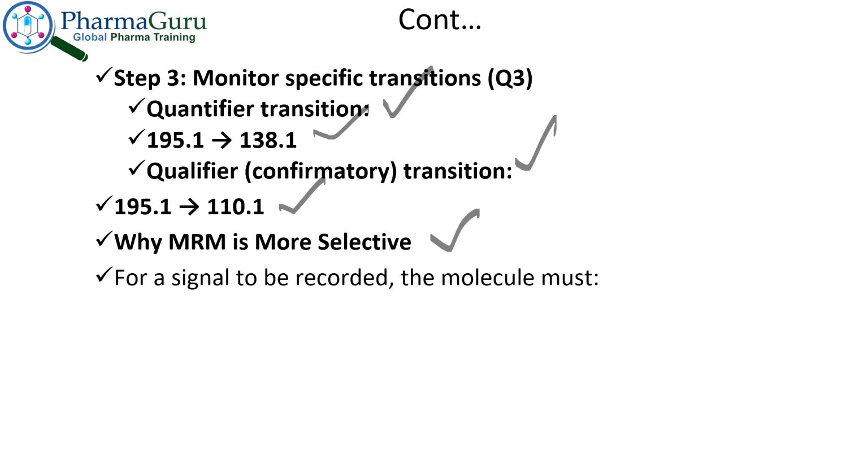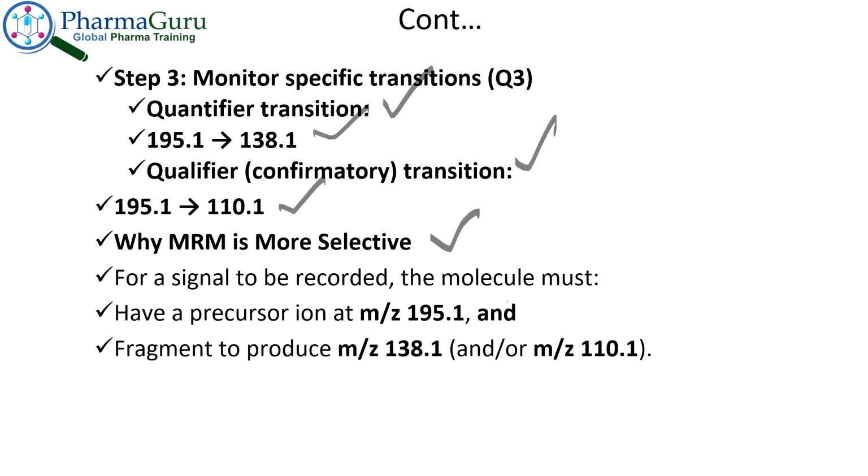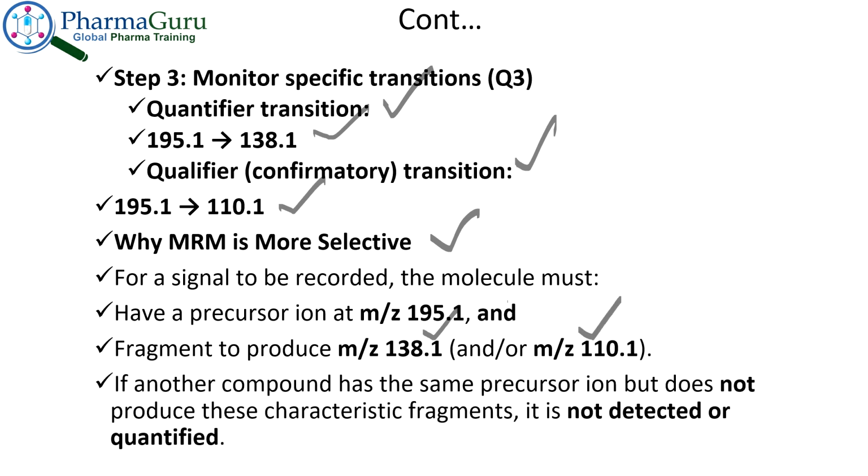The answer is, for a signal to be recorded, the molecule must have a precursor ion at m/z 195.1 and fragment to produce m/z 138.1 and/or m/z 110.1.